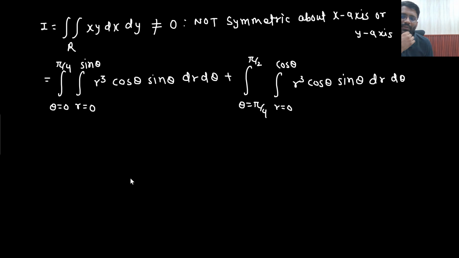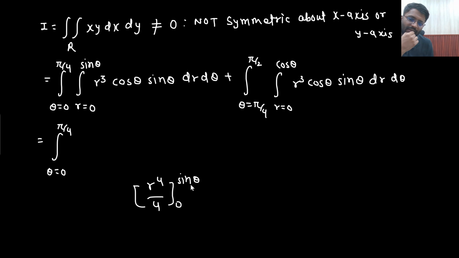Understandable? Now let's solve. Theta going from 0 to pi by 4, r cube dr, so it will become r to the power 4 divided by 4, from 0 to sin theta. So sin theta to the power 4 divided by 4, dot cos theta d theta.